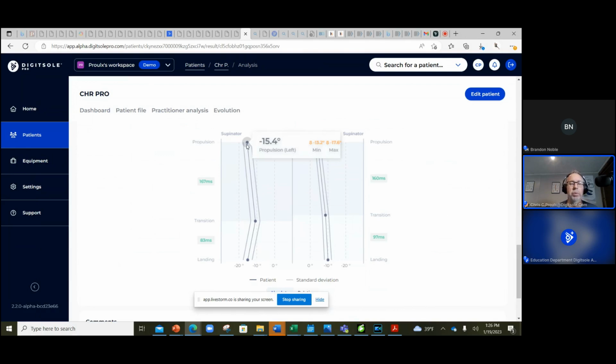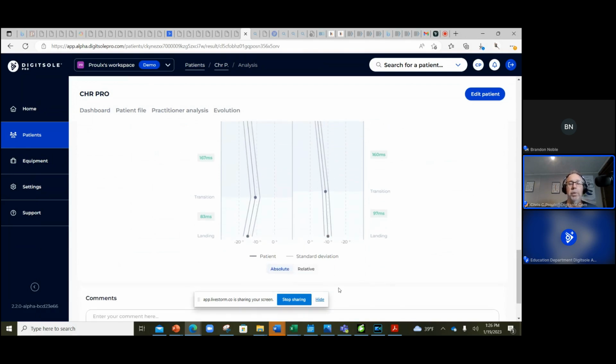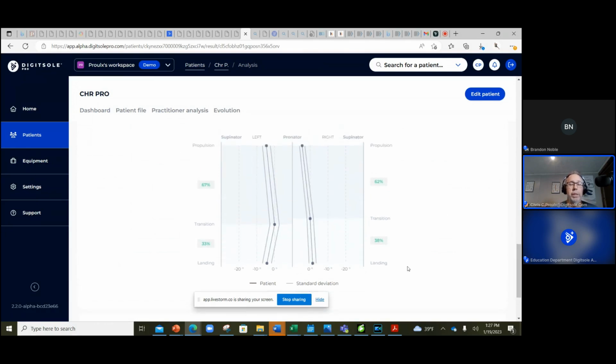Here's what that can potentially do: it might shorten that overall time. And we can calculate this, and in percentage terms we see that this person does spend more time in that propulsion phase, right?